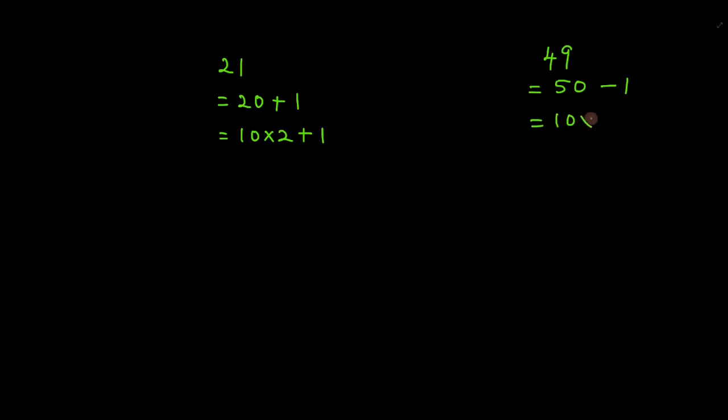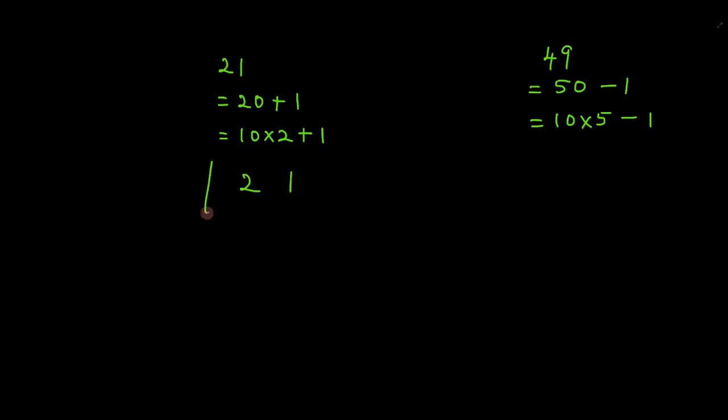Then how do we prepare a rule using 49? For 21, we have viewed it as 20 plus 1, that is 10 into 2 plus 1. 49 is 50 minus 1. This is 10 into 5 minus 1.